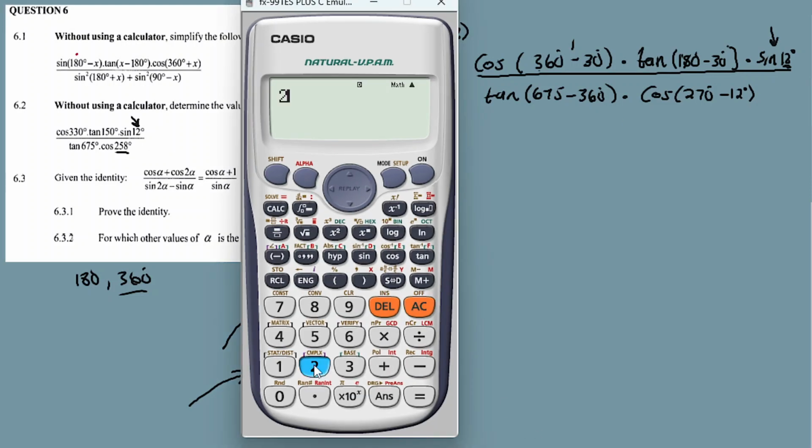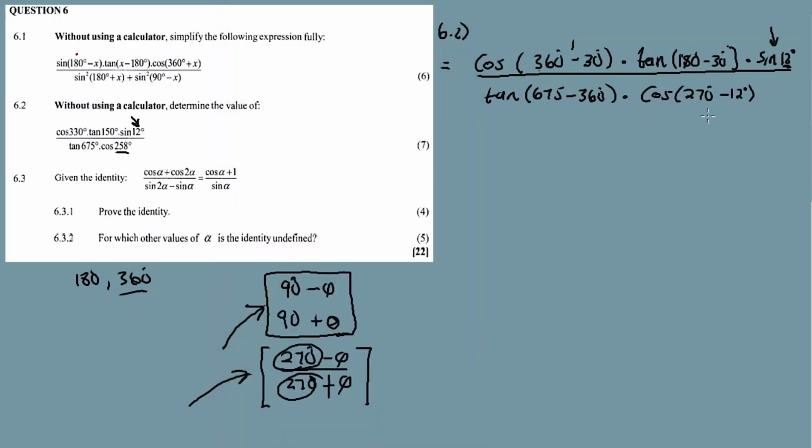Let's be sure. 270 minus 12 degrees is 258. Alright, now we can simplify. 360 minus becomes cos 30 degrees, times 180 minus becomes negative tan 30 degrees, times sine 12 degrees.